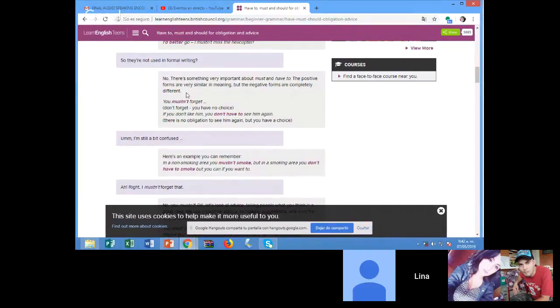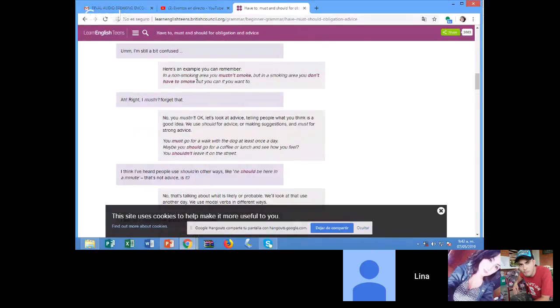The positive forms are very similar in meaning, but the negative forms are completely different. You mustn't forget. Don't forget. You don't have to choose. If you don't like him, you don't have to see him again. There is not an obligation to see him again, but you have a choice.